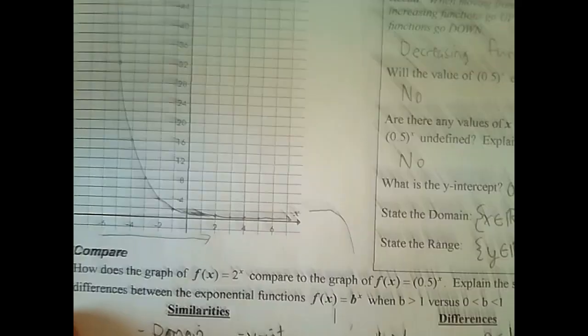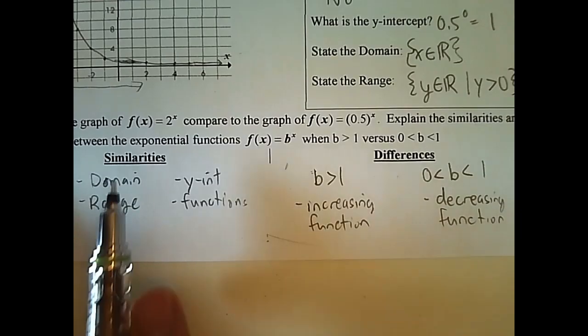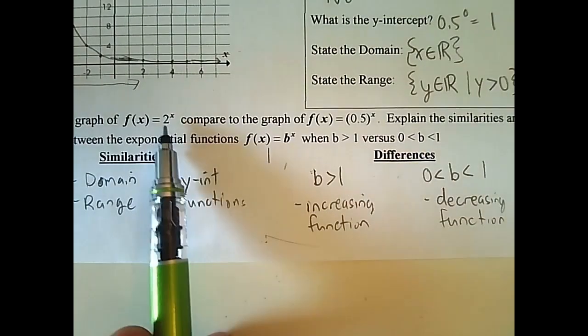And just to finalize this, this is a decreasing function, this is also a decreasing function, which is the motion I made before. So sorry for that confusing part, but that's not really relevant here. The important part is these are the similarities and differences between having a base that's a fraction and having a base that's greater than 1.